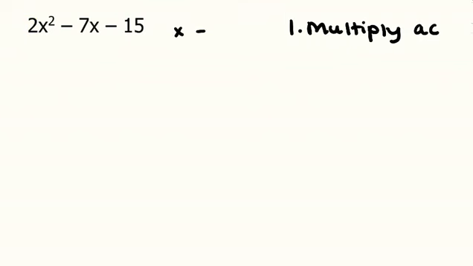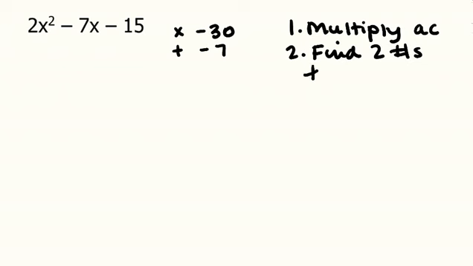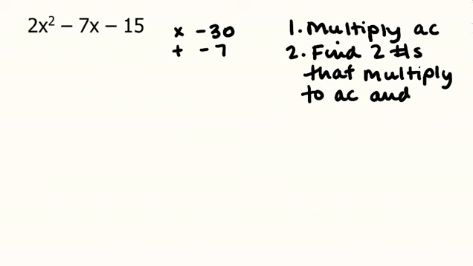We're going to look for two numbers that multiply to negative 30, that is AC, and add to B. So what are two numbers that multiply to negative 30 and add to negative 7?